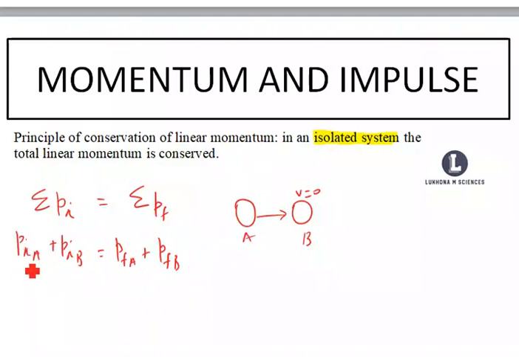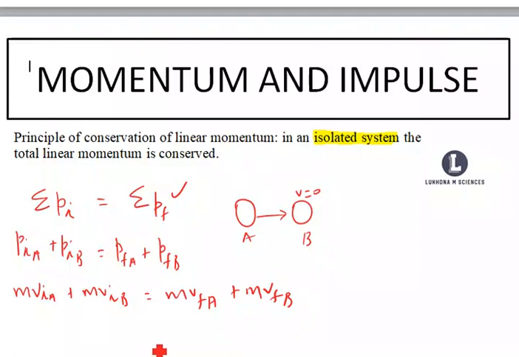Remember, we said the momentum is mv, which means we have mv initial of A plus mv initial of B, which is equal to mv final of A plus mv final of B. So this is the main formula, then you work on it.